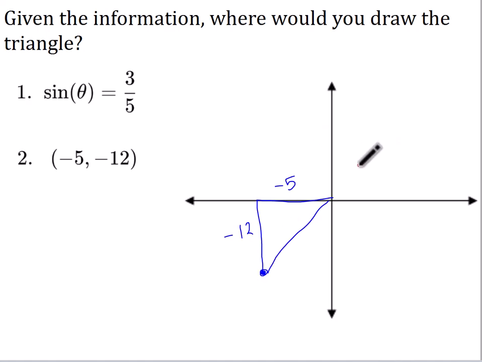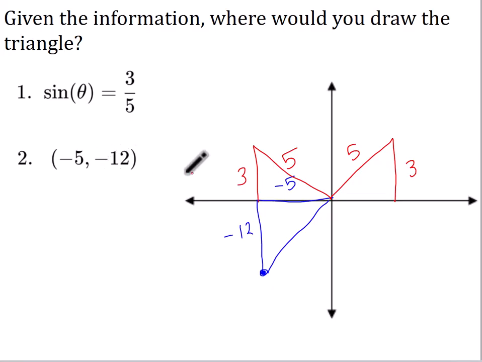But for sine, +3 could go in this quadrant, or it could go in this quadrant, where this is 3 and this is 5 and this is 3 and this is 5. We don't know anything about x given this information.